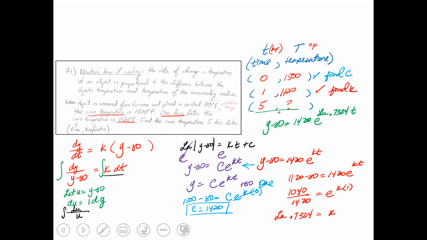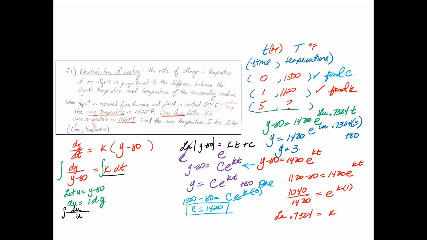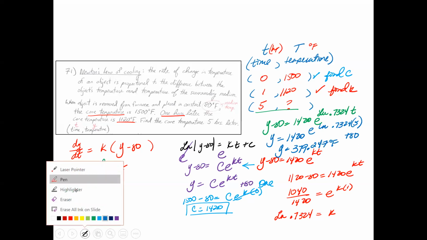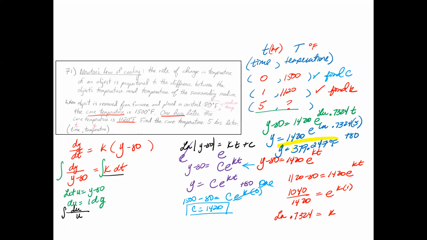In this situation, it's going to be y is equal to 1420 e to the ln 0.7324 times 5. Don't forget a plus 80. If you plug that into your calculator, your temperature in 5 hours is going to go down to 379.247 degrees Fahrenheit. And that is your answer, you guys.